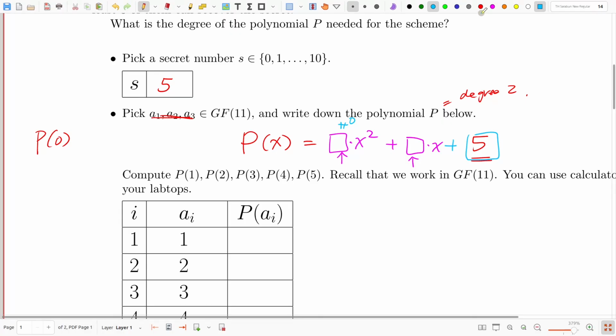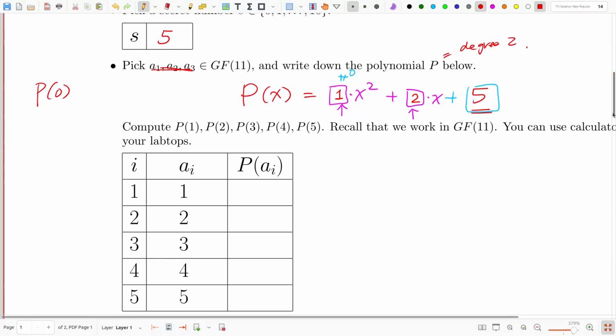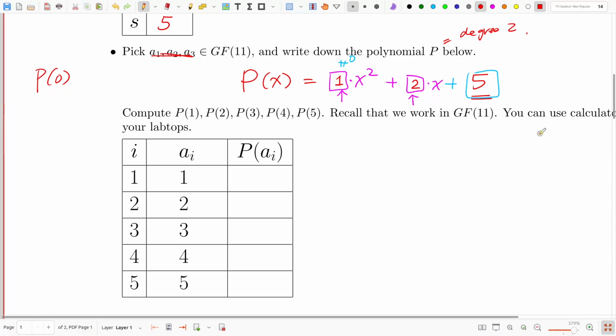So suppose I pick that. So this is my polynomial. Now let's evaluate it on these 5 points. Suppose I have a team with 5 people, so these are the points that I give my friends. The points are at 1, 2, 3, 4, and 5.